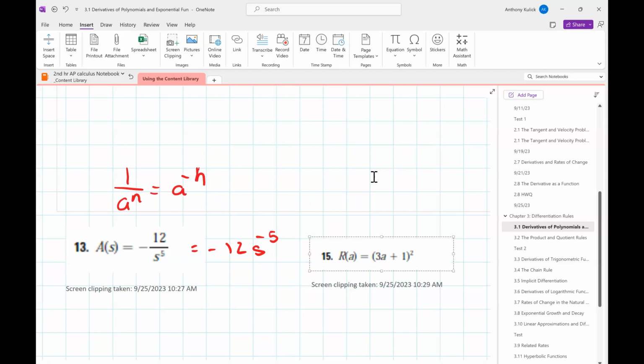Wouldn't it be 3a? How about 9a squared? Yeah, 9a squared, plus 3a plus 3a, plus 6a. That's the perfect square multiplication pattern.